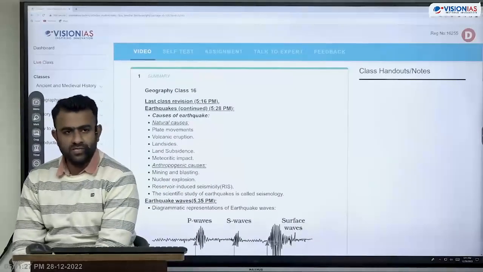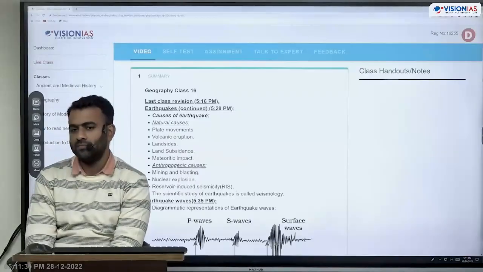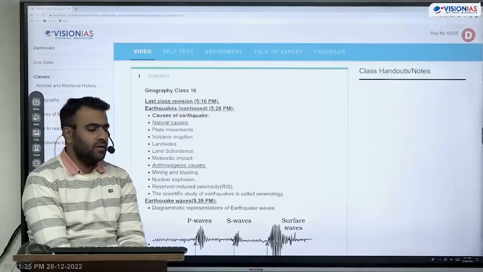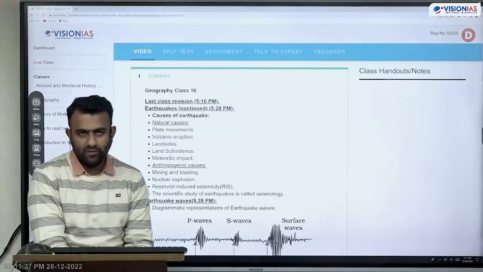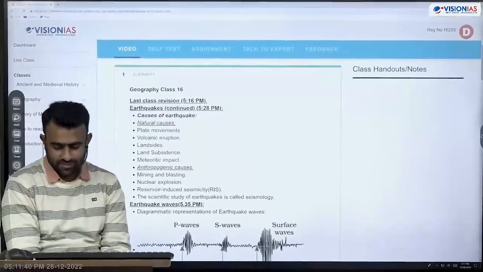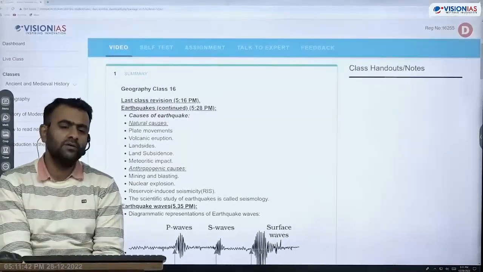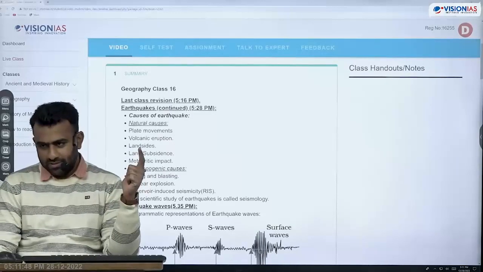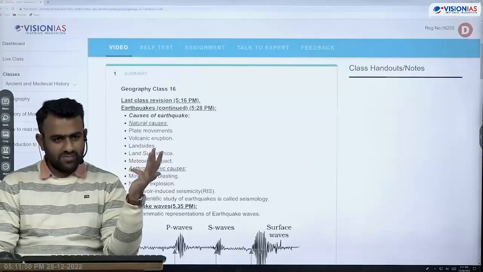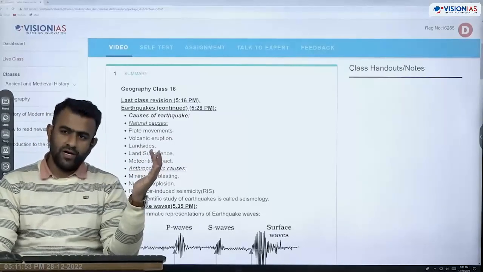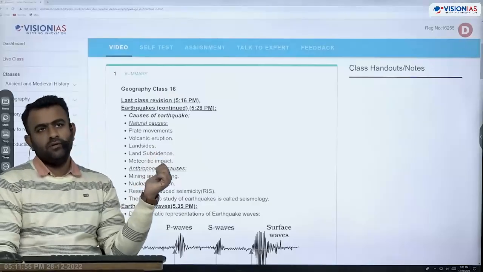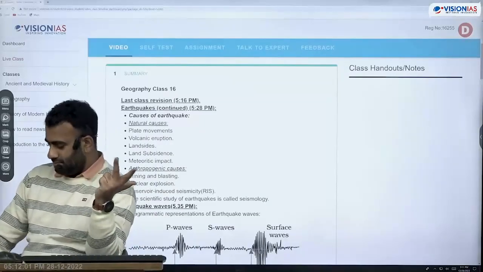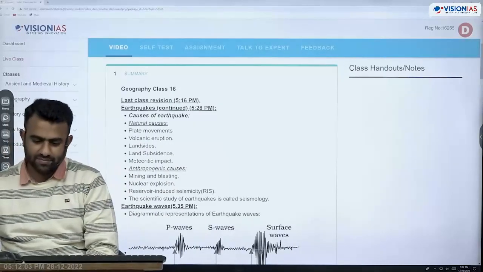So last class we discussed earthquakes and tsunami. Earthquakes are basically the vibrations felt near the earth's surface due to the release of energy, and that can be due to plate movements, volcanic eruptions, landslide, land subsidence, meteoritic impact, mining, blasting, and then reservoir induced seismicity.